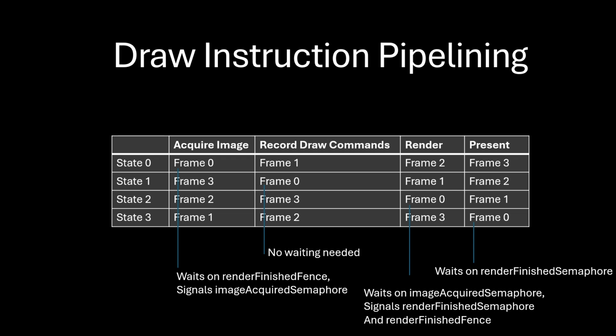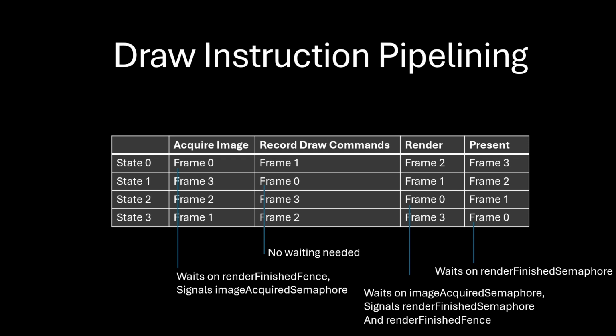And as you can see here, not only do we have our synchronization objects, but also these operations are completely independent of each other. So even if we didn't have a synchronization object, I don't rely on it, but we've still got the separation that these tasks are occurring in different states of the rendering system.